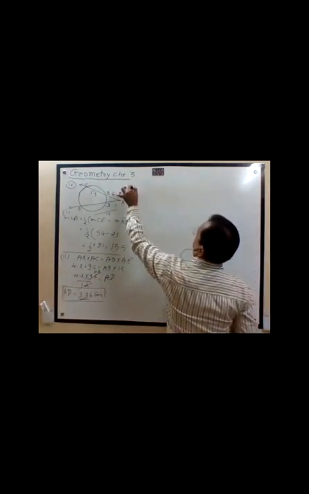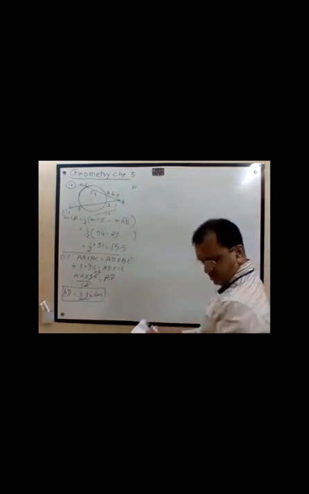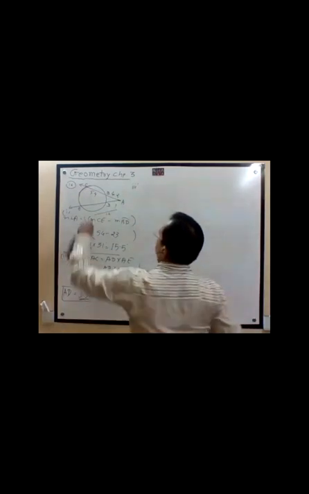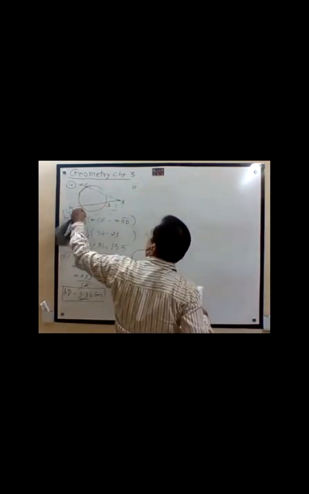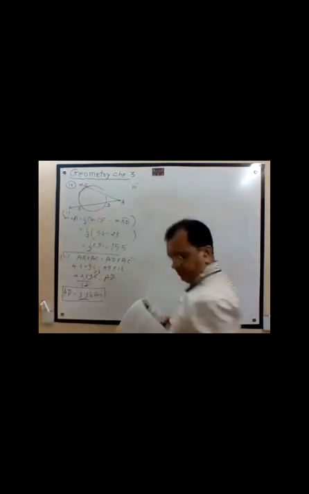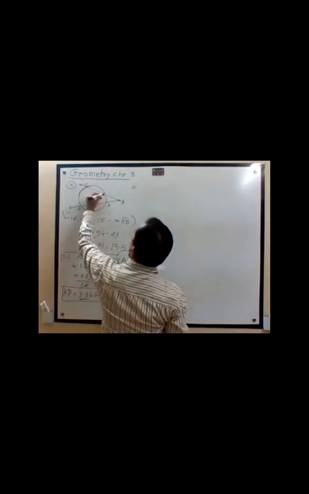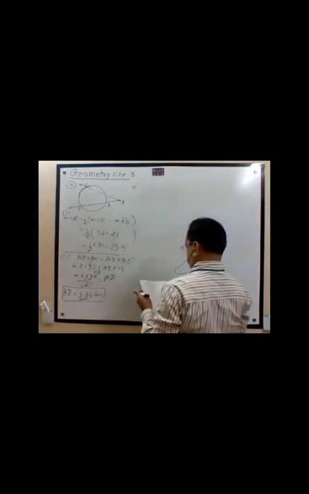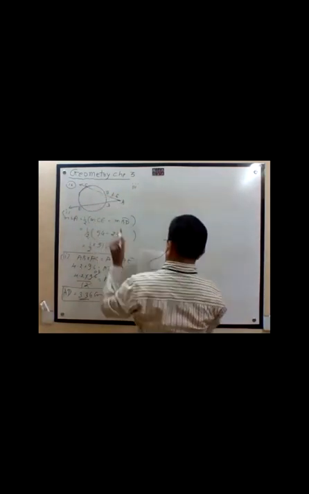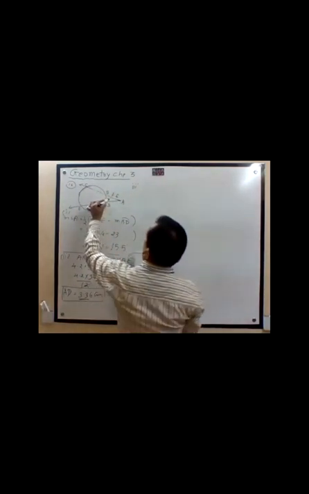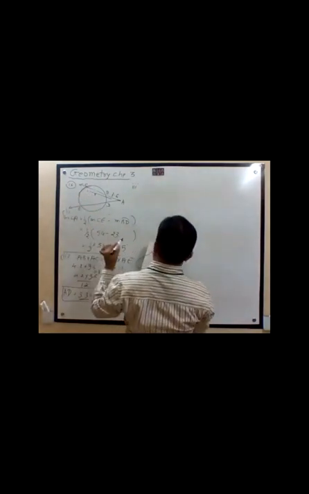Third part. Now given AB 3.6. Total AC is 9.